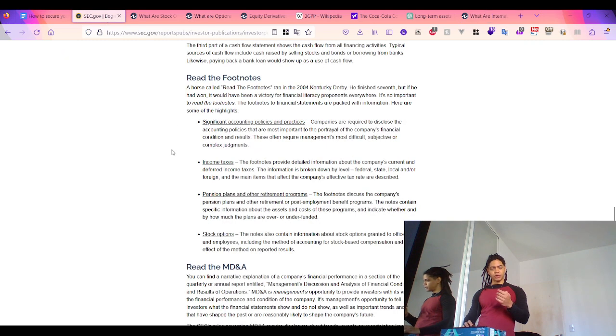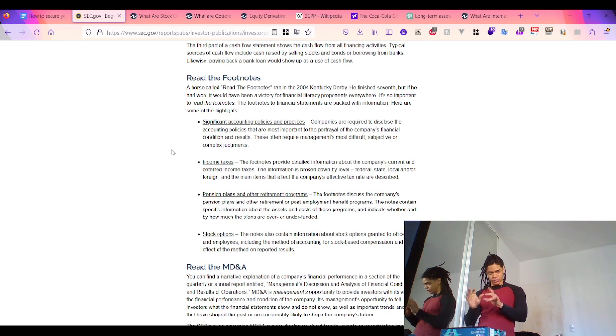Income taxes. This section elaborates on the types of taxes that a company has to pay, from federal, state, county or local, and foreign. Pension plans and other retirement programs.